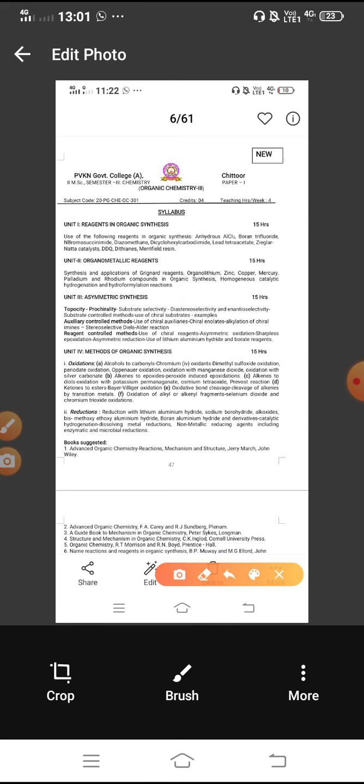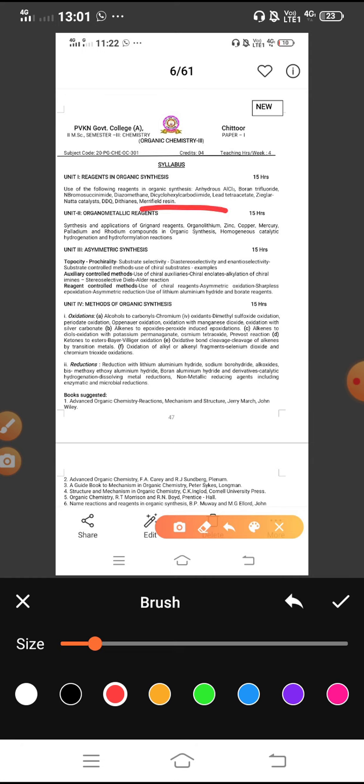So next, DCC, which means dicyclohexylcarbodiimide. The formula of dicyclohexylcarbodiimide: this is N double bond C double bond N, with a cyclohexyl ring on each nitrogen.